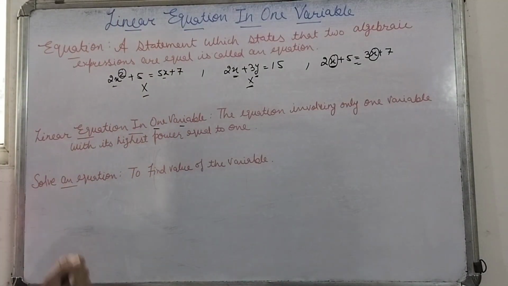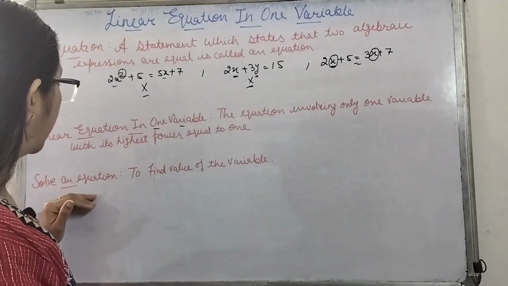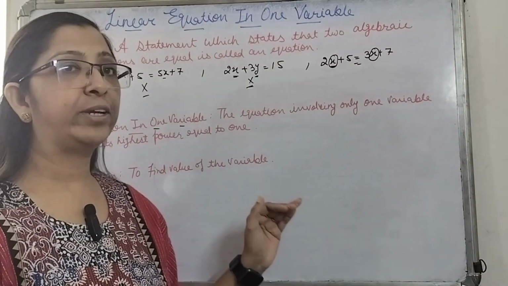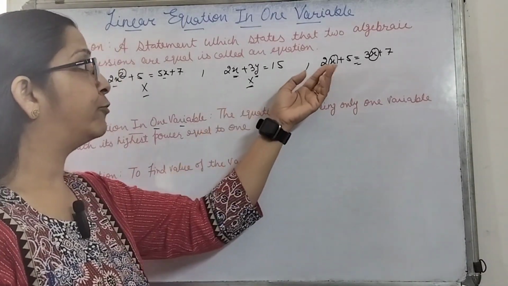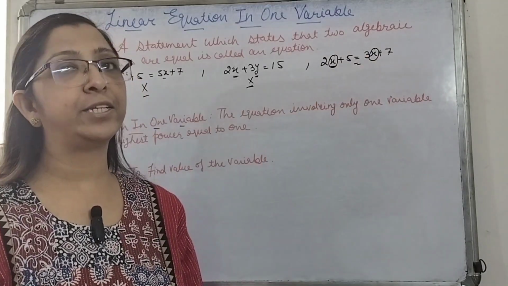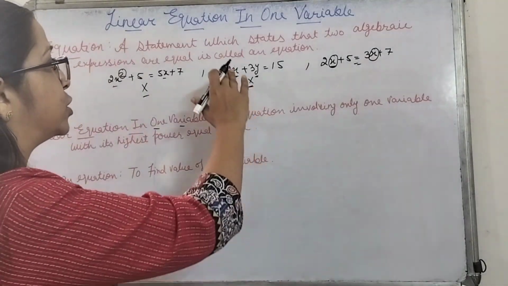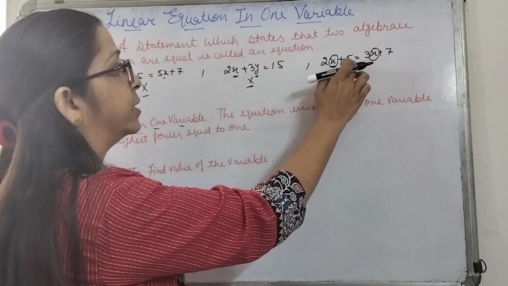Now, how to solve an equation? What is the meaning of solving an equation? Solving an equation means to find the value of the variable for which the LHS part will become equivalent to the RHS part. Now, what is the LHS part, what is the RHS part? As we just said, in the equation there is an equality sign.